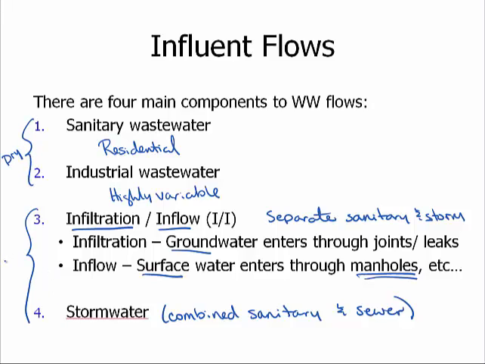The other types are wet weather flow. And these are caused by storm events, and they can enter the system either by infiltration and inflow in a separate sanitary storm system or by stormwater collection into a combined system. Combined systems will also be subject to infiltration.